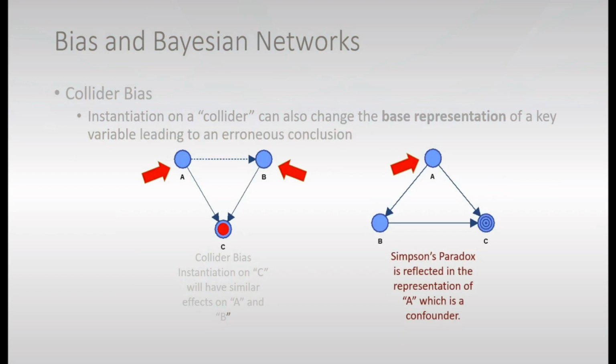And in the case of Simpson's paradox, when you instantiate on B, you see A changes. And so that's again where the paradox shows up. So these are examples where you can observe the paradox and then realize that you've got a problem.